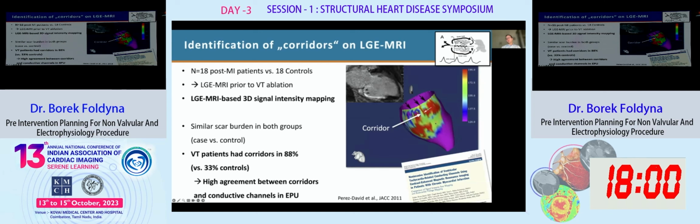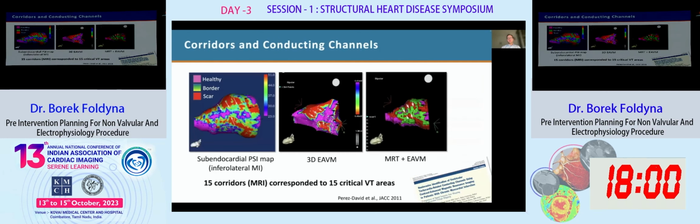So we have an entry and an exit, and they go through an area of this borderline abnormal myocardium, which is this yellowish-greenish area here, between usually two isolating dense scars. And this represents these so-called conductive channels on the EP, and there is another study showing actually that these so-called corridors really nicely correspond to the 3D electroanatomical voltage maps.